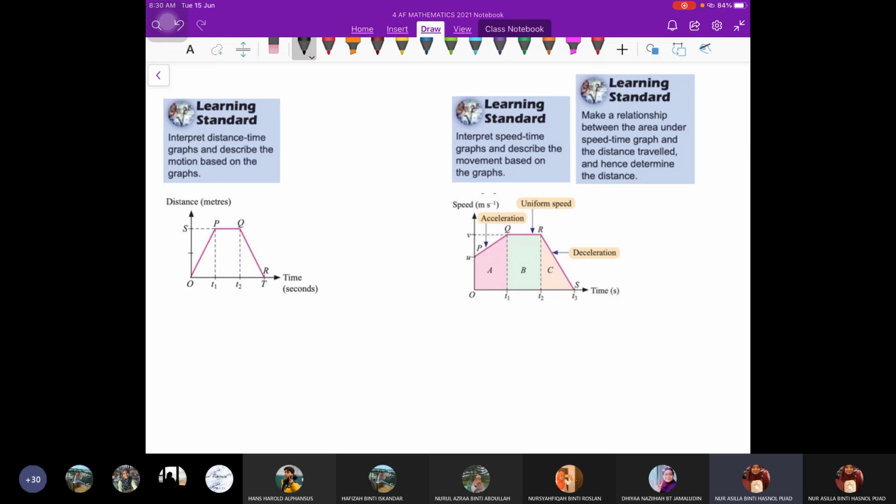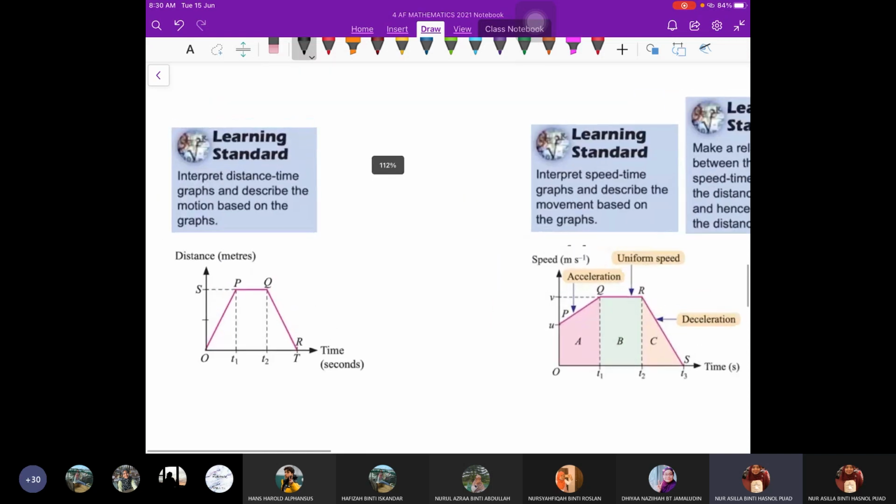Sebelah kiri ini adalah learning standard that belongs to distance time graph. Sebelah kanan, 2 learning standard ini belongs to speed time graph. Okay, but why I put it side by side? Let's look at the learning standard.